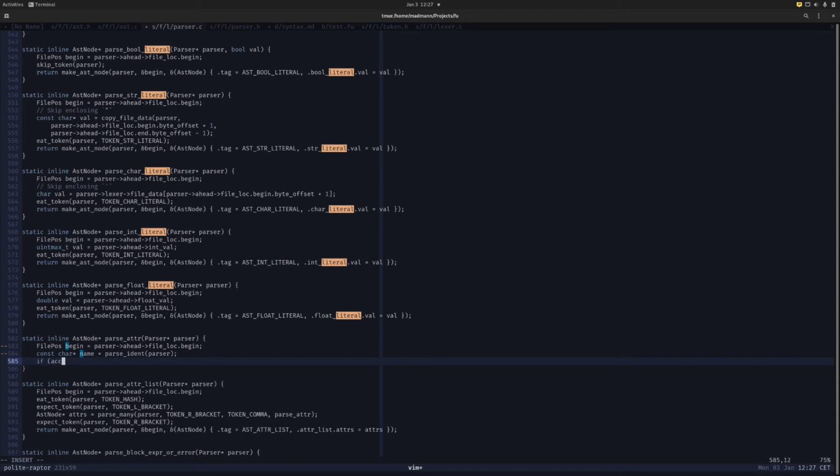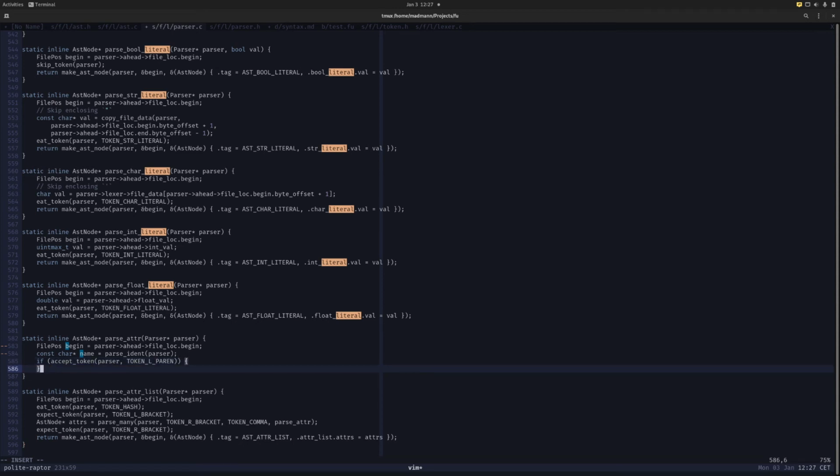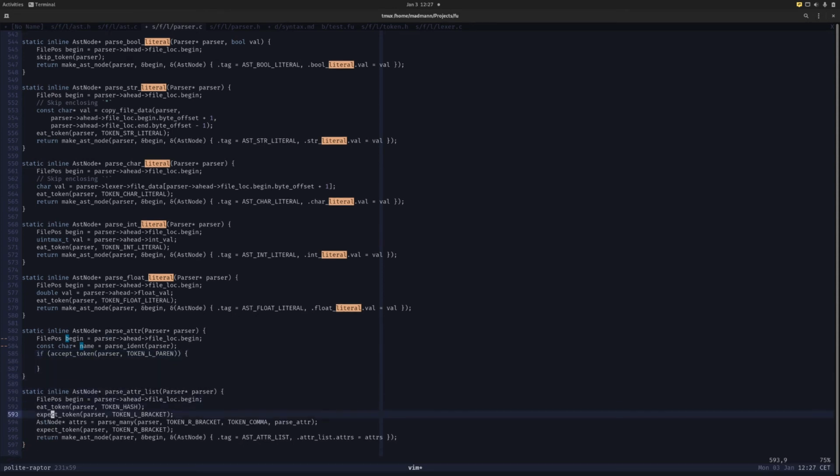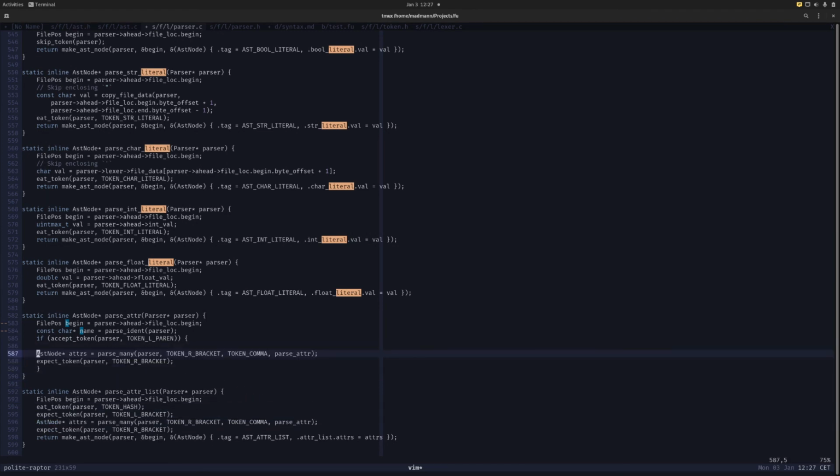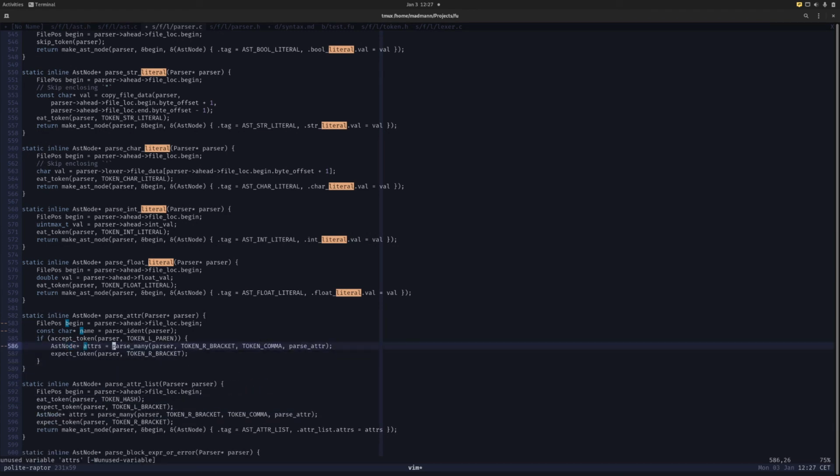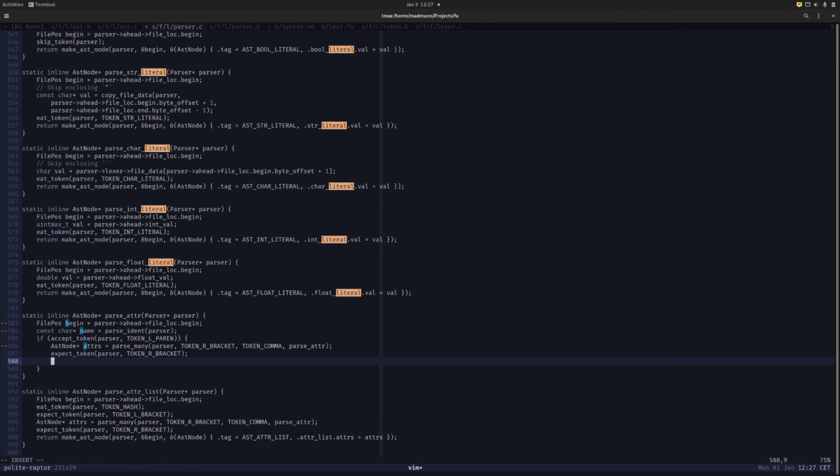So if accept token parser token L parent, this is when I have a list of attributes. So I'm going to do something similar. Token R bracket, token comma, parseAttr. All right. And now I can say return make st_node parser begin st_node.